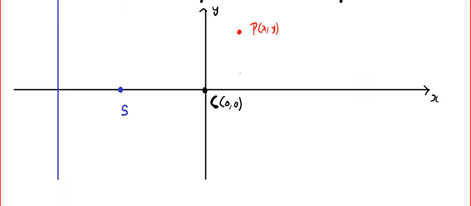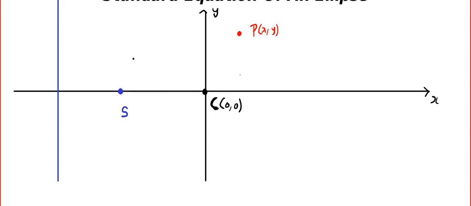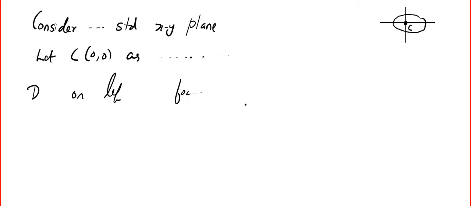Remember, you can do the same derivation with the help of directrix on the right and focus on the right, but I have already considered the directrix on the left and the fixed point on the left. So I am going to derive with the help of the directrix on the left and the focus on the left.